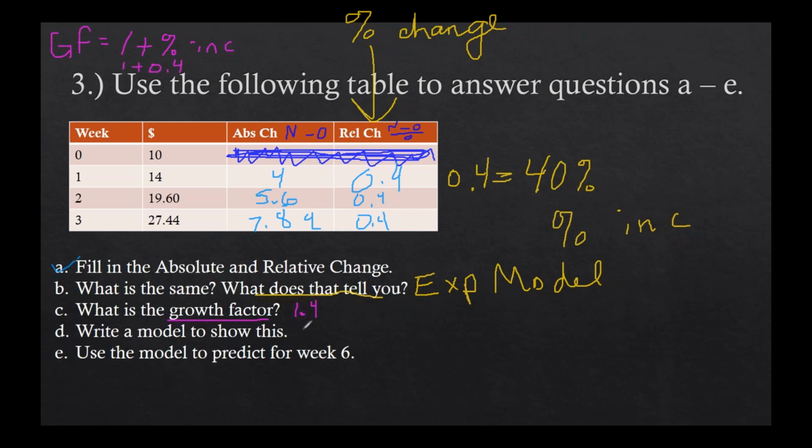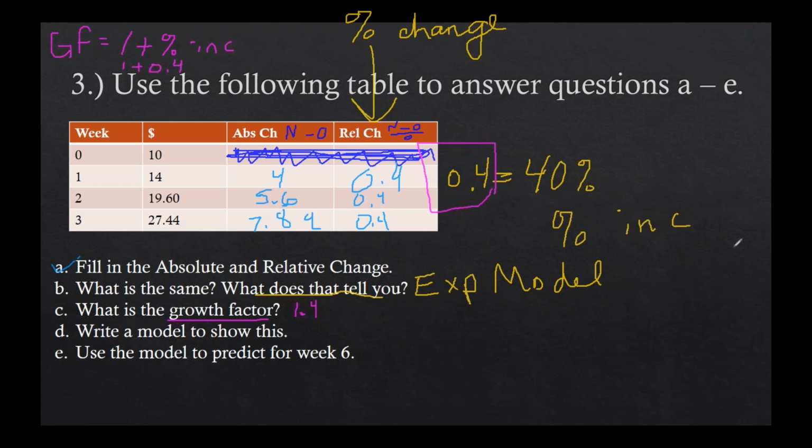Okay, so 1 plus the percent increase, and you've got to change that percent increase back to a decimal because we've got to play with it in decimal form. Okay, does that make sense to everybody where these numbers are coming from? Okay, good.